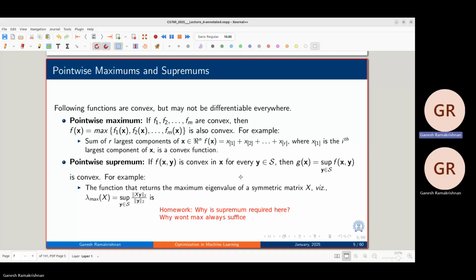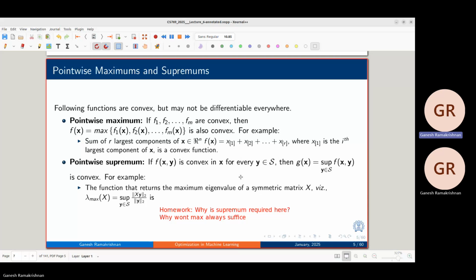For every point, if I take the maximum of these two functions, wherever it's visible, you'll find that here blue and here red are the pointwise maximum across these two functions. You can call them F1, and the one in blue is F2. Likewise, you could have multiple such functions. So the max of F1, F2, up to Fm is also convex.